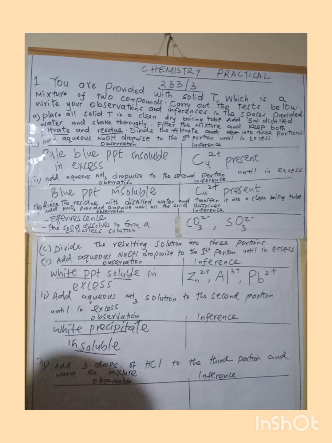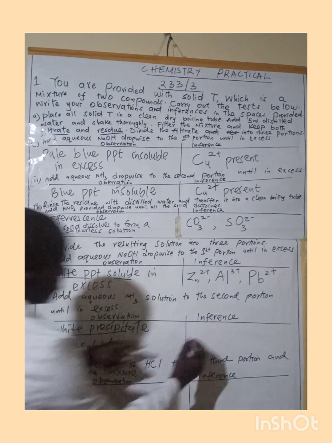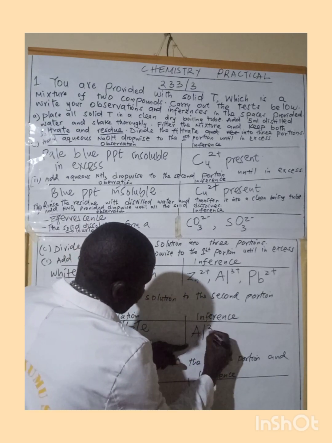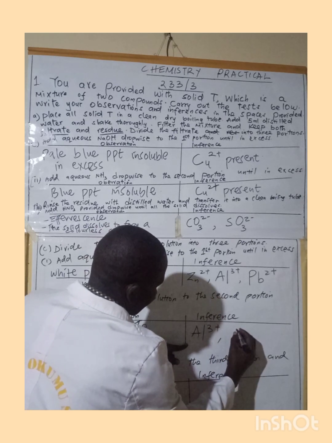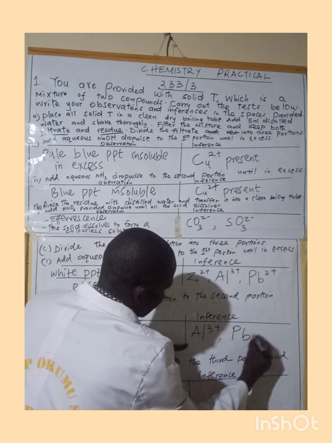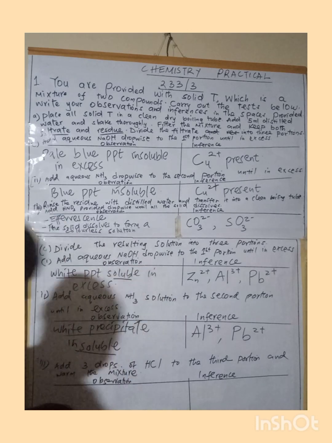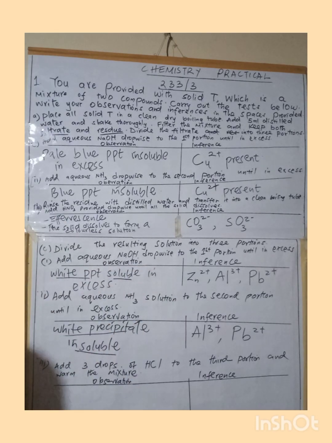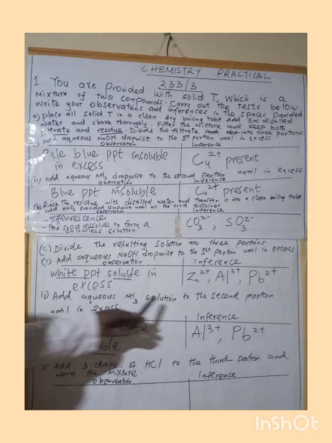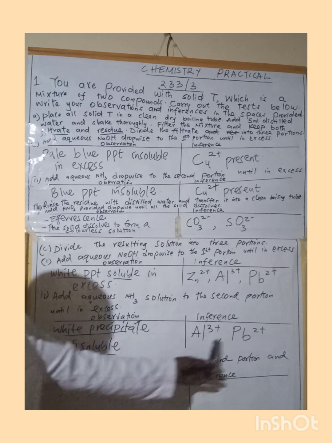So if it is insoluble, then it means it is aluminium ions and lead ions present. So remember, this is an eliminatory method where we eliminate the ions until you remain with the ion which is present. So we've eliminated zinc, and we have now 2.